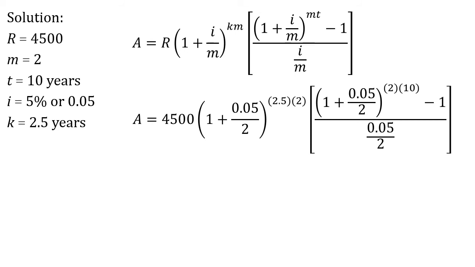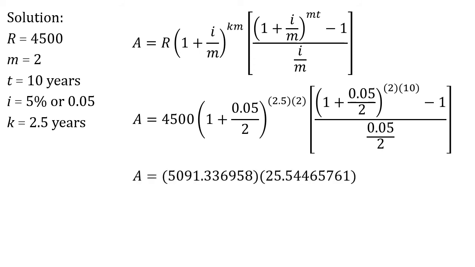So get the result for the first part, 4,500 times (1 plus 0.05 over 2) raised to 2.5 times 2, which is 5,091.336958.